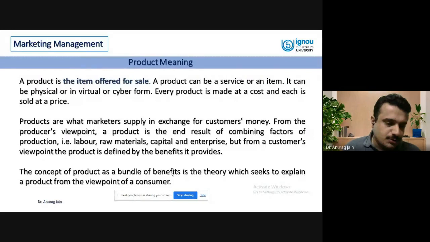So what is the idea? A product can be tangible, or it can be intangible, that can be a service. But what meaning are we trying to associate here with the term product in the context of marketing? There is something on offer, and there are customers who are ready to pay a certain price, and that something on offer, which can be tangible or intangible, has the capability to satisfy the emerging needs, right?